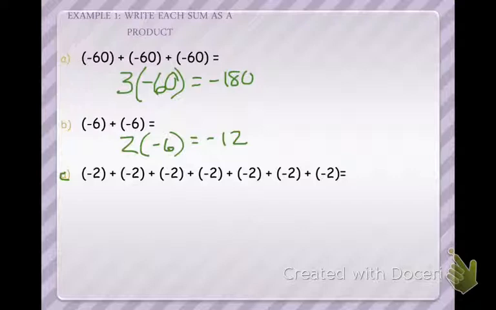They're all negative 2s, so you count them up. You have 1, 2, 3, 4, 5, 6, 7 of them. You write down 7 times negative 2, and then you multiply them. 7 times negative 2 is negative 14. This is why you need to know your multiplication and division really well, because this is what you're using it for.